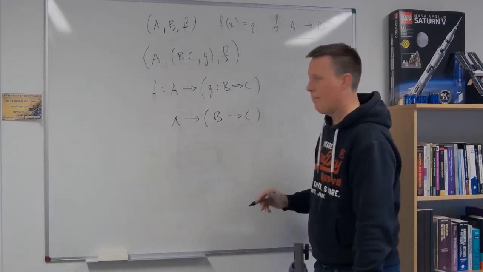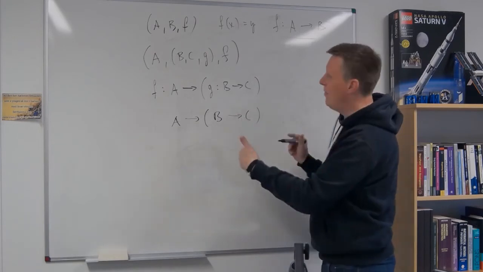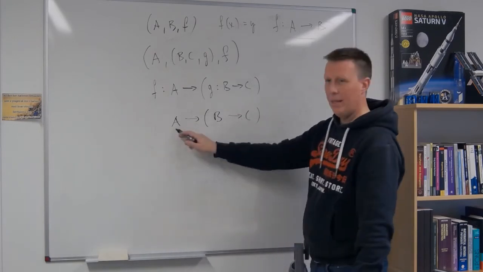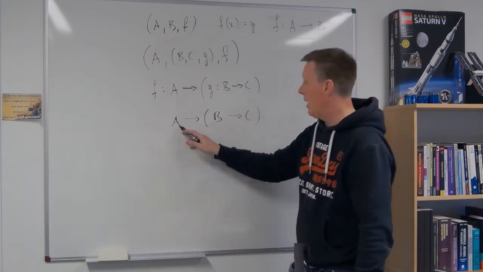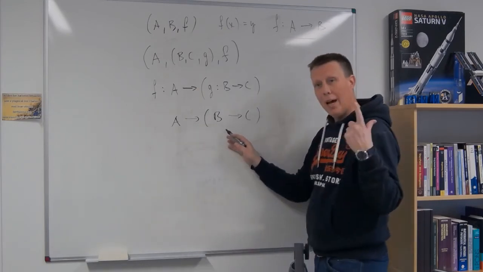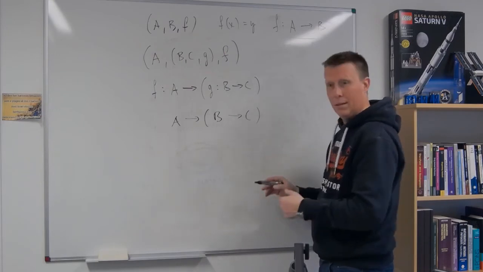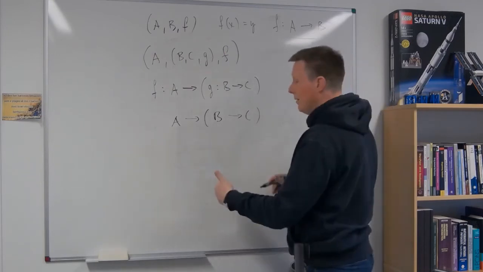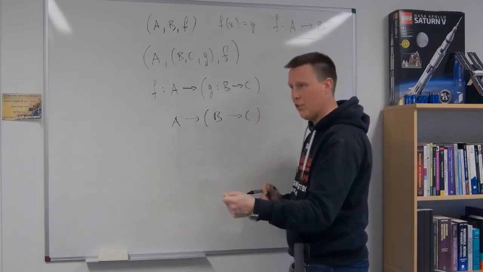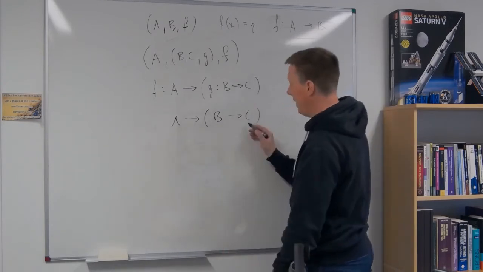So what would this mean? Okay, so now suppose I have an A. I can give it into my first mapping. It will spit out the function. And suppose now I have an element of B. I can give it back to B, which is the function I got back. So first I produce a function, and then I apply that function again, and I get the C.